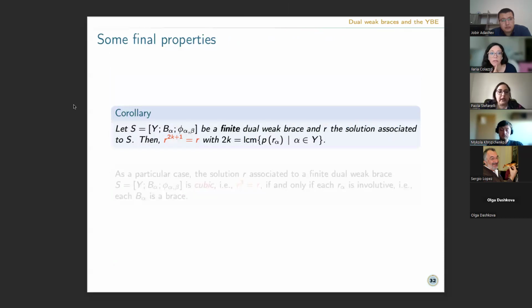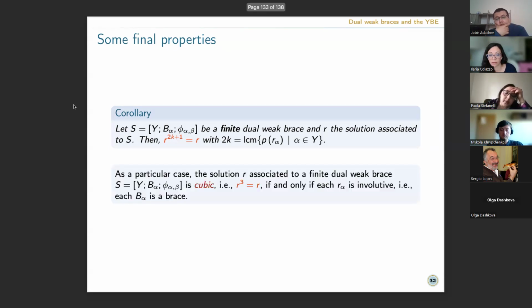Just to conclude, we also have special properties of the solution associated to a finite dual weak brace. Indeed, we can show that the period of this solution R is 2k plus 1, where 2k is the least common multiple of the periods of the maps R alpha.